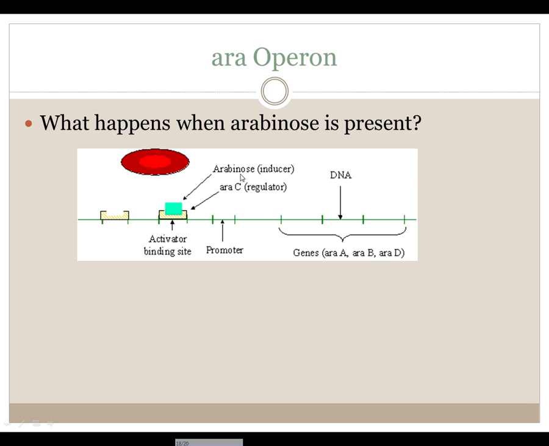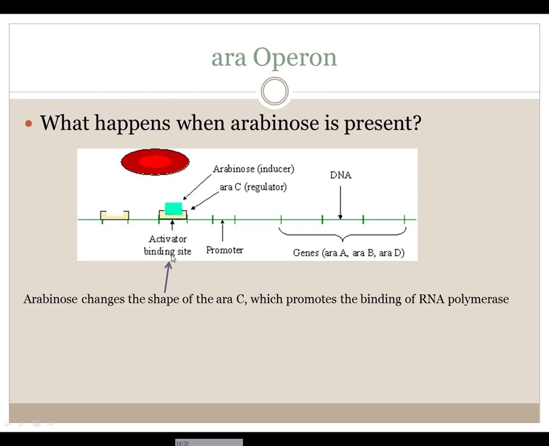However, if we have the arabinose, which is going to be our inducer, this is our regulator. We've got a regulator here. If we have the inducer, the arabinose, so the sugar is physically present, it fits in there, and it changes the shape of this RSC right here, and that promotes RNA polymerase to say, hey, bub, come on down.